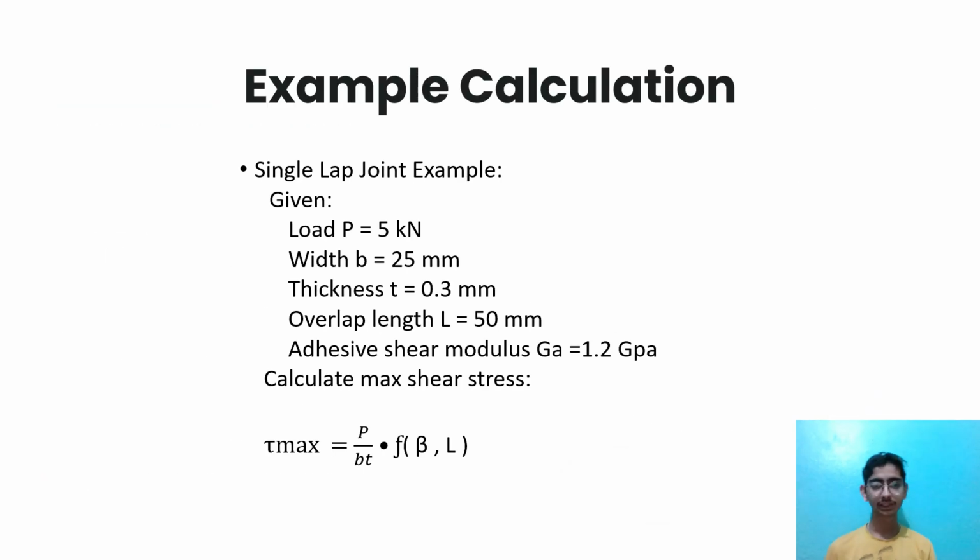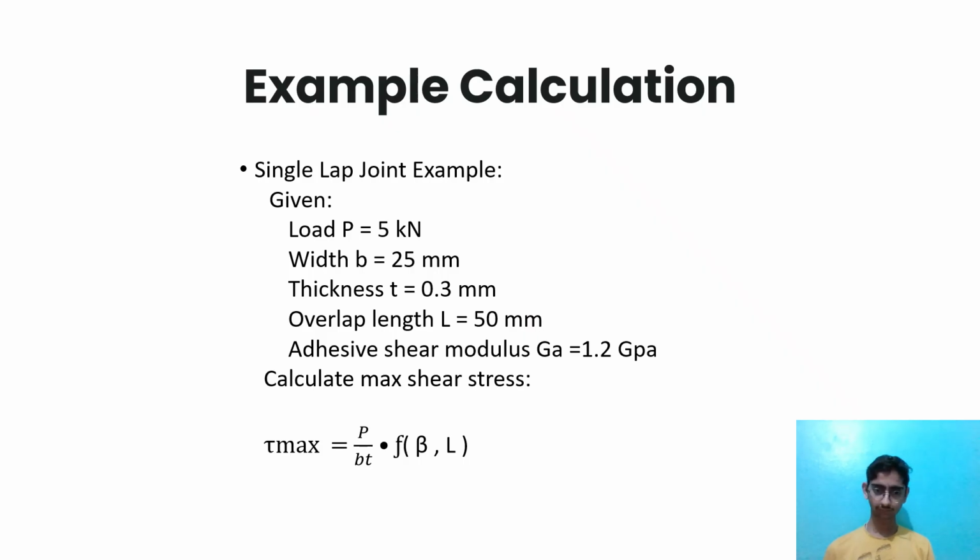It is one example we can solve by using the previous formula which we saw in the previous slide. So now see what example is given. It is a single lap joint example. Load P is given, that is 5 kilonewton, width b equals 25 mm, thickness t equals 0.3 mm, overlap length is 50 mm, and adhesive shear modulus Ga is 1.2 GPa.